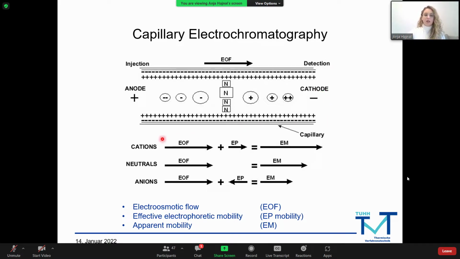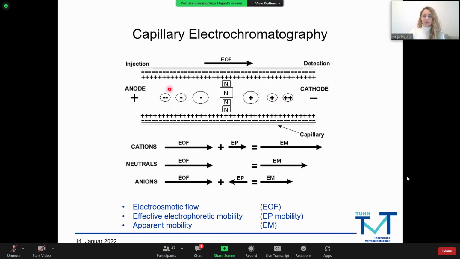So yes, in this way. We have, let's say, in our solution, different cations, neutral compounds, and anions, and they will have different components of velocity based on their charge.